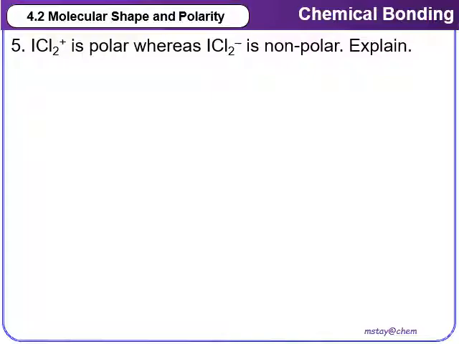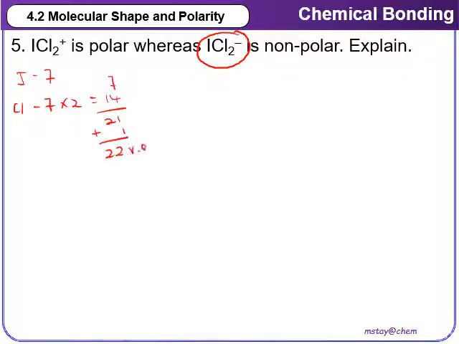Next question, we continue with ICl2 negative. Iodine has 7 valence electrons, chlorine also 7 times 2, 21. Negative means gain 1 electron, so the total is 22 valence electrons. Again, there are 2 bonding pairs, so minus 16. Then we have 6 valence electrons, which means we get 3 lone pairs plus 2 bonding pairs.